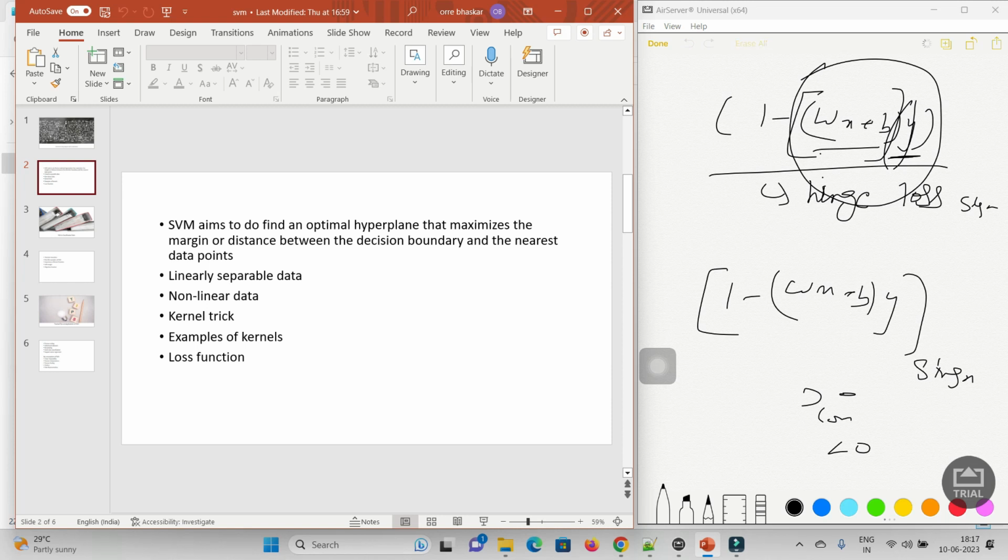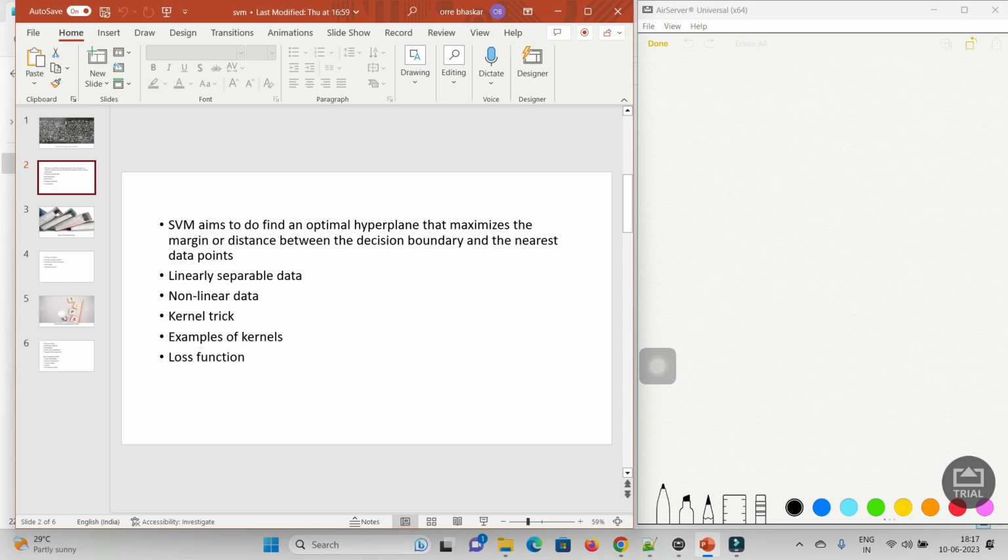If it's less than 0, then we will classify it into the other class. This is combined with optimization techniques such as gradient descent or quadratic programming to find the optimum hyperplane. It's fascinating to see how SVM takes advantage of mathematical principles to make accurate predictions.